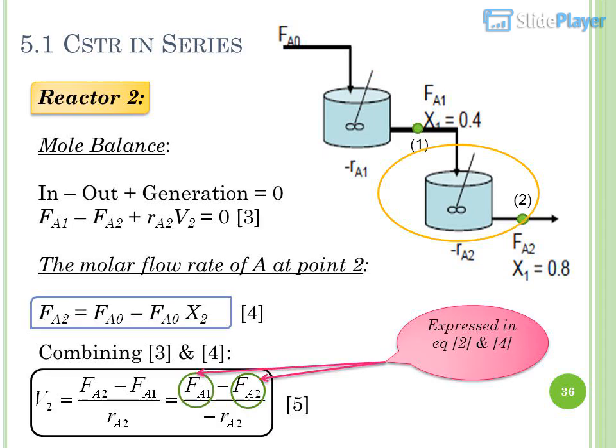5.1 CSTR in series, reactor 2, mole balance: in minus out plus generation equals 0. FA1 minus FA2 plus Ra2 V2 equals 0, equation 3. The molar flow rate of A at point 2: FA2 equals FA0 minus FA0 X2, equation 4.